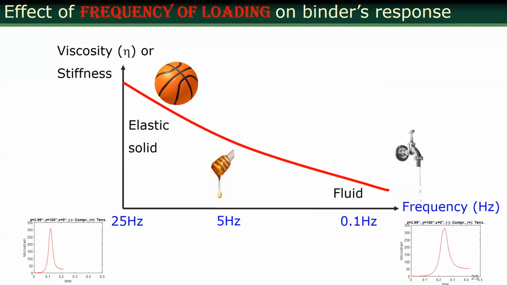What you're looking at is high frequency, a short pulse load, and low frequency, a longer pulse load. At high frequency, high stiffness; at low frequency, low stiffness. So your stiffness goes down with frequency.